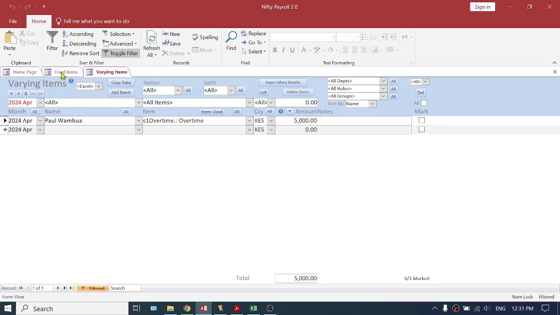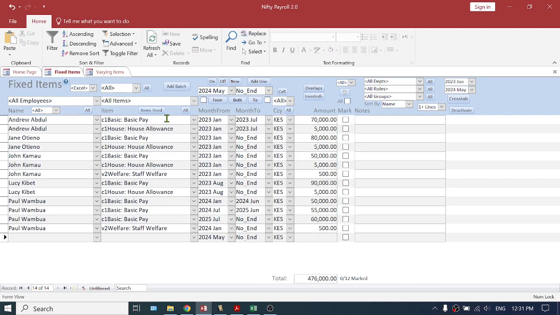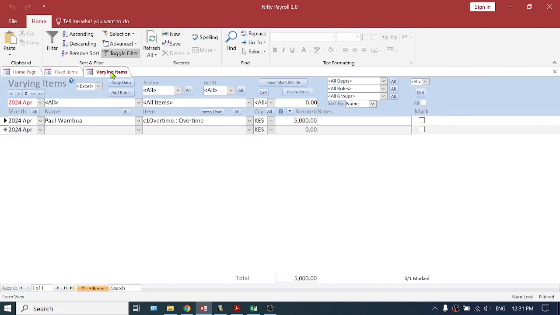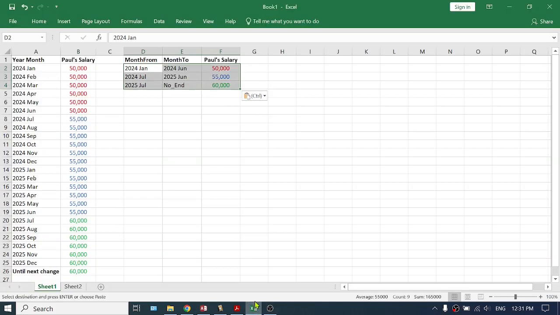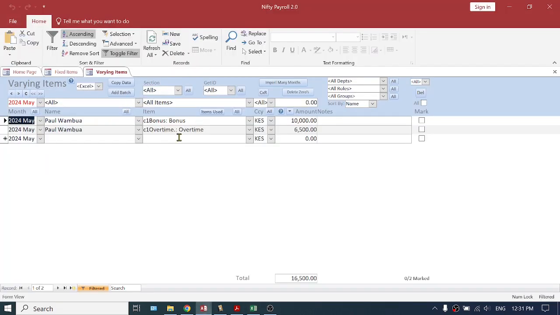So that's the difference between fixed items, which stay the same over several months, and varying items which either appear once in a while or change from month to month. And that's the comparison of the representation of both items. And that is simply what fixed and varying items are.